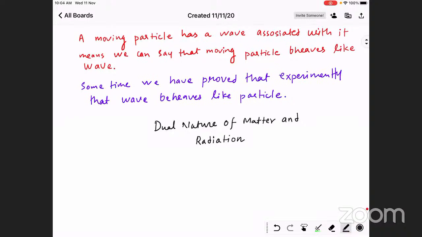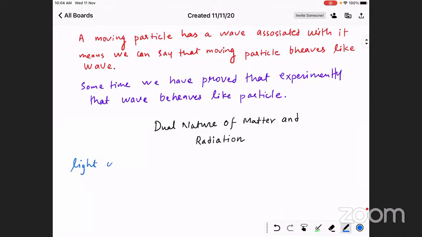Now what will the photoelectric effect prove? Why are we learning the photoelectric effect? Because we want to prove that light sometimes behaves like a particle, and light is an electromagnetic wave, right? Do you know that light is an electromagnetic wave?